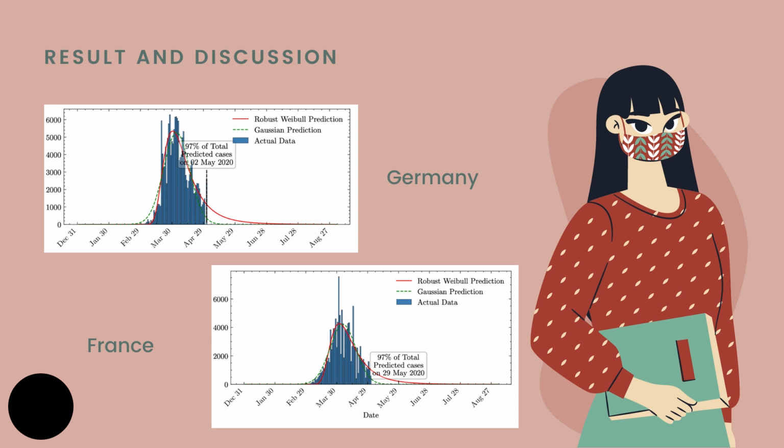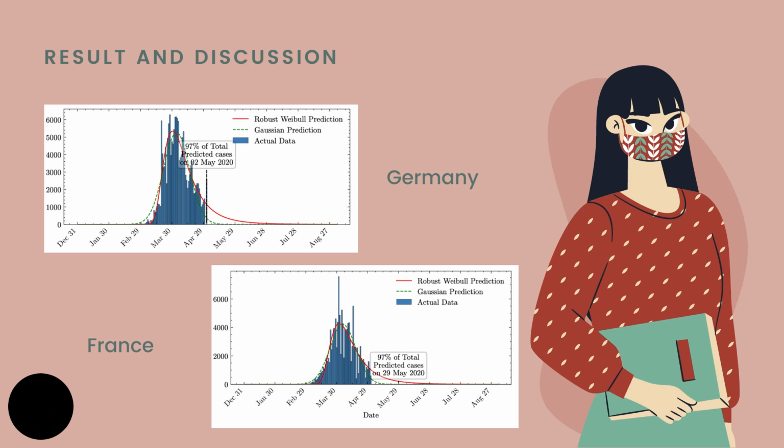So we take a look at the scenario of how bad the pandemic is. For example, look at Germany. We can see that the predicted data and actual data reached the peak around March 30.